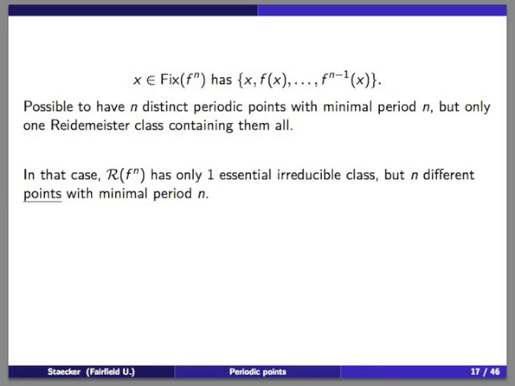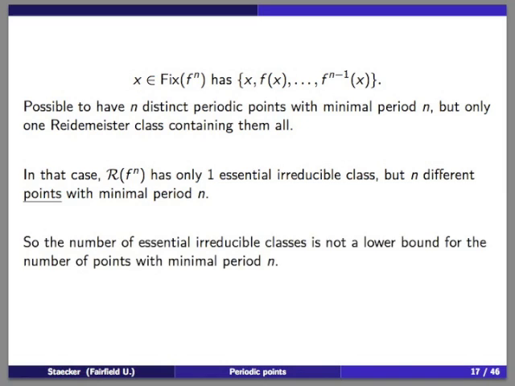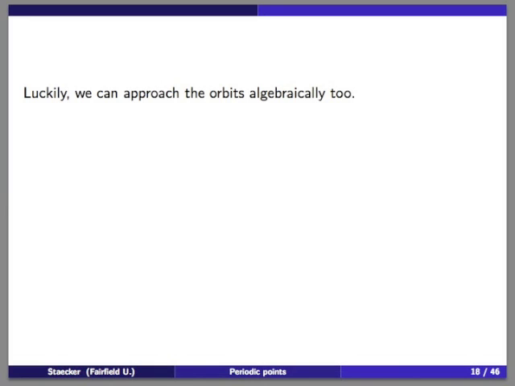So if you are only counting the number of irreducible classes, then you're going to miss something. In this hypothetical example, you have only one irreducible class, but you still have more than one point of minimal period. So the number of essential irreducible classes is not a lower bound for the number of points with minimal period n. So you need to be careful about the orbits. That's the moral of this story.